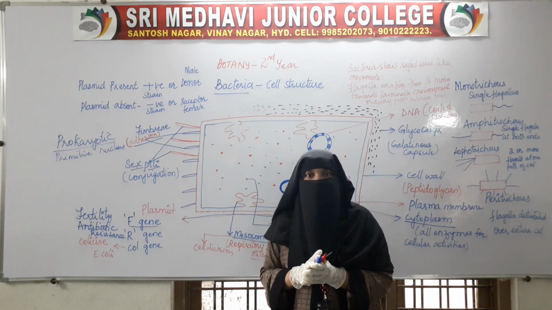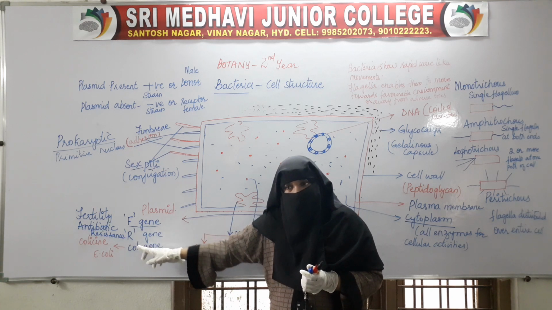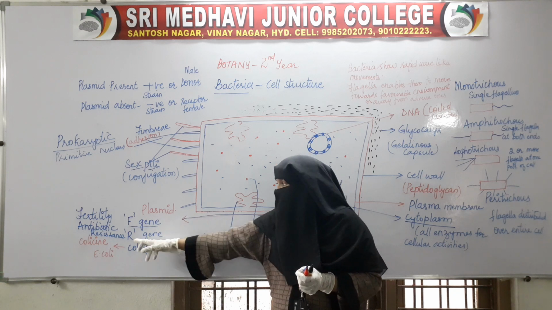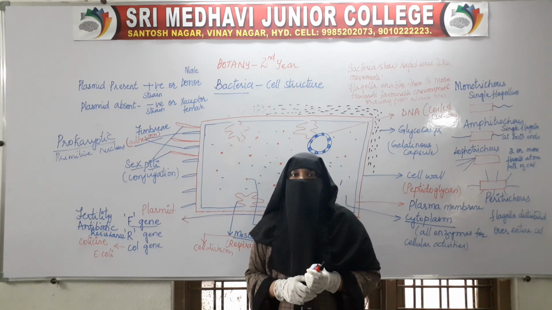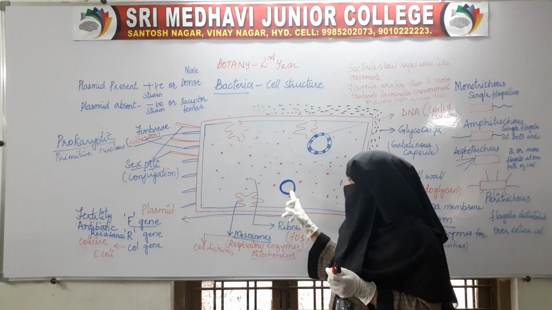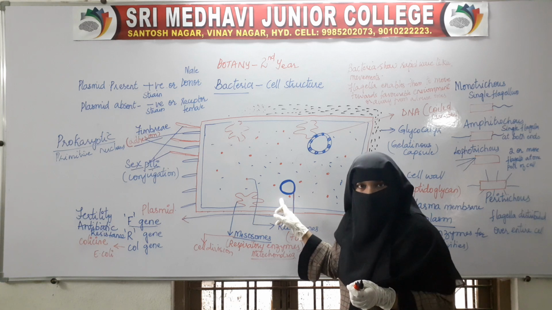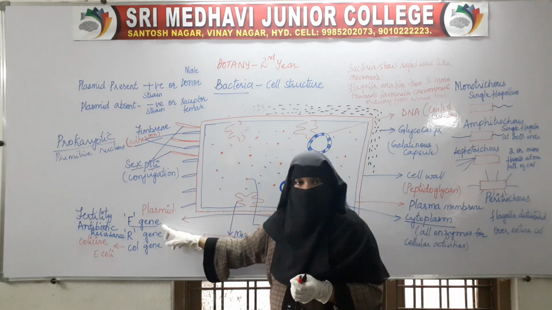E. coli secretes colicin, and this Col gene gives resistance to the bacteria against that toxin produced by E. coli.